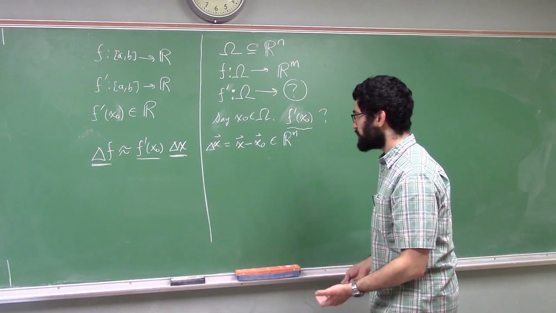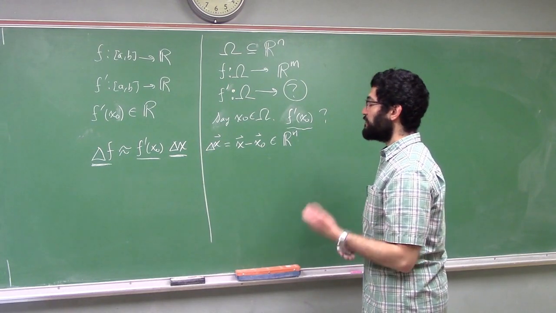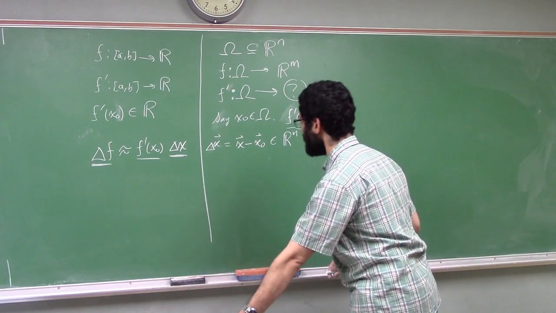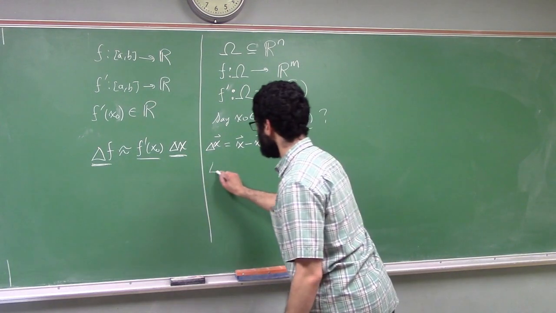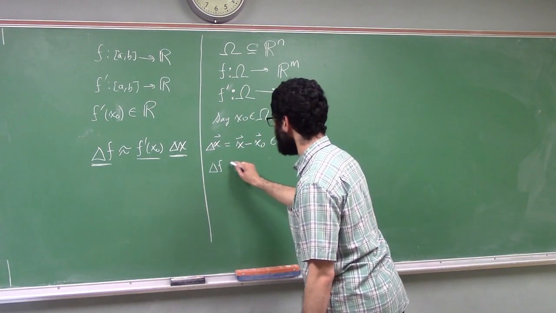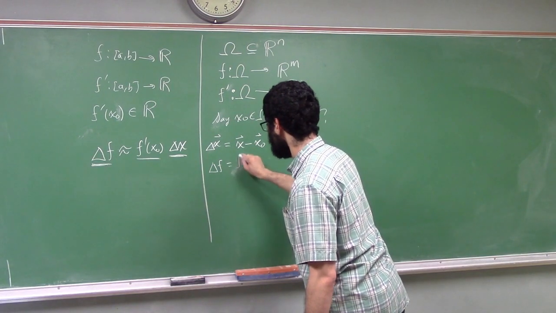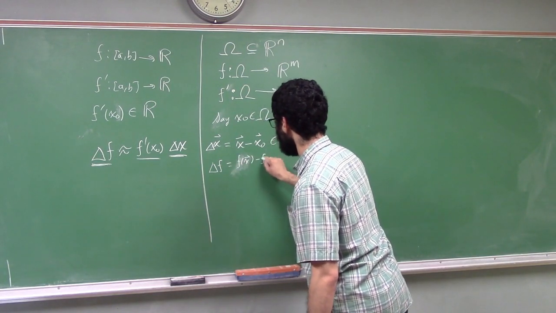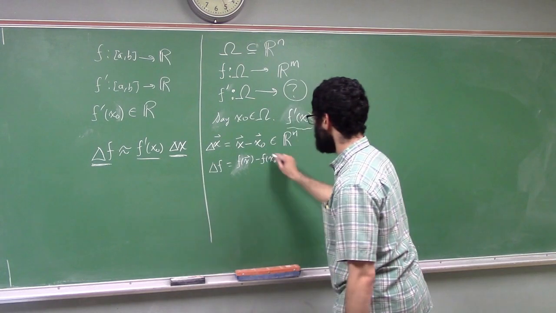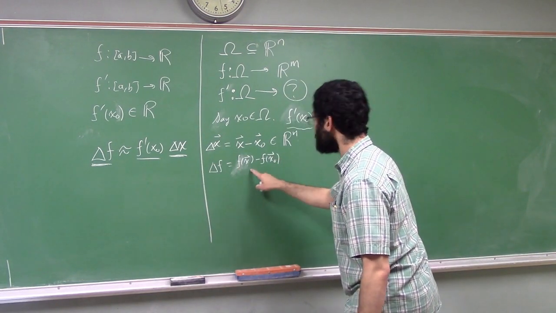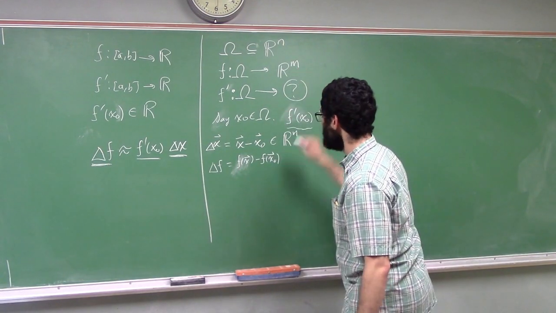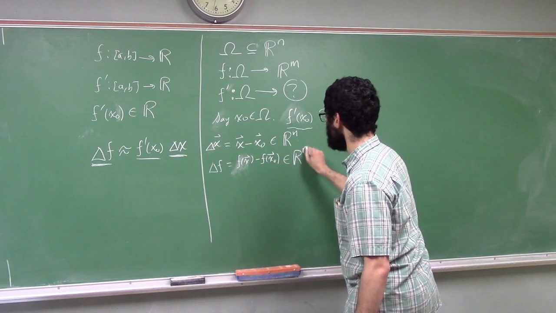Then what kind of object represents the modification that results on the output side? So what you might call delta f is f x minus f x naught. But the outputs of f are vectors with m components, so these live in Rm.